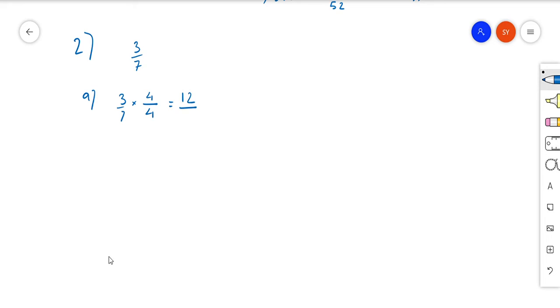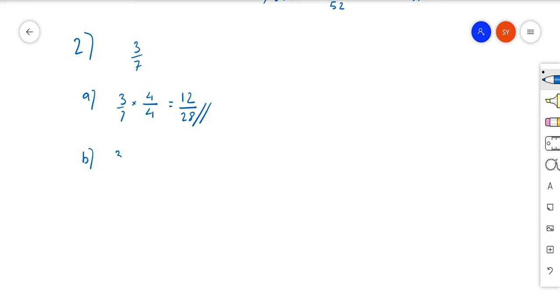So 7 4s are 28. Now we have a number where the numerator is 12 and the denominator is 28. If you bring this number in a standard form, it will come to 3 by 7.